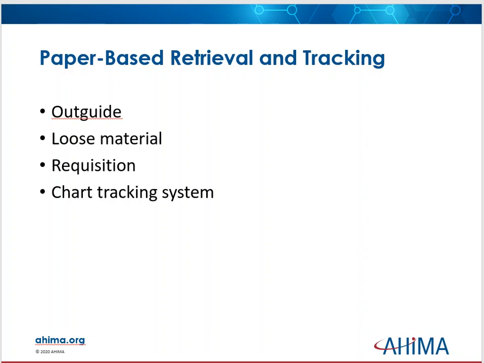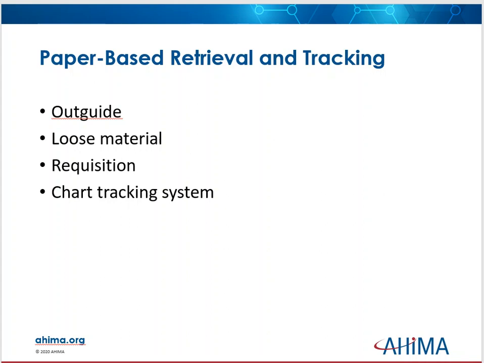I think it would be hard to find a chart tracking system now, but when hospitals and physicians' offices were 100% paper, the chart tracking system would capture who's requesting a medical record.